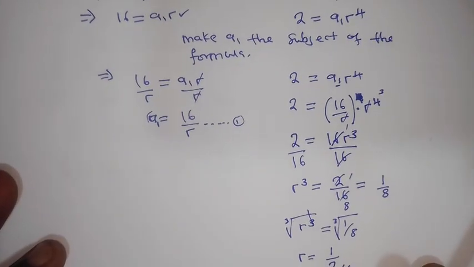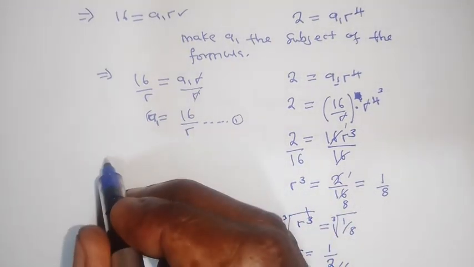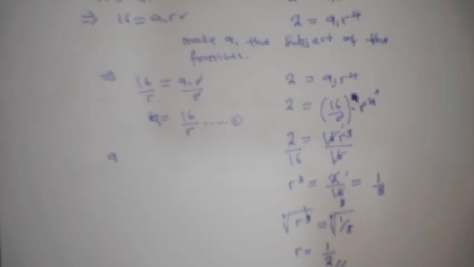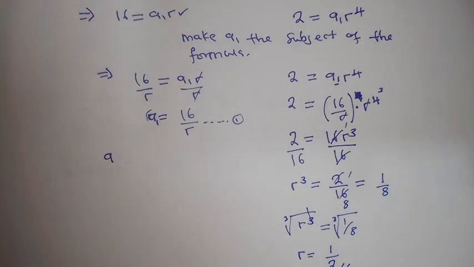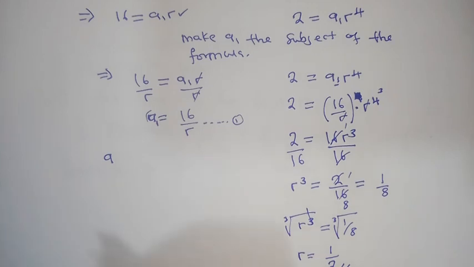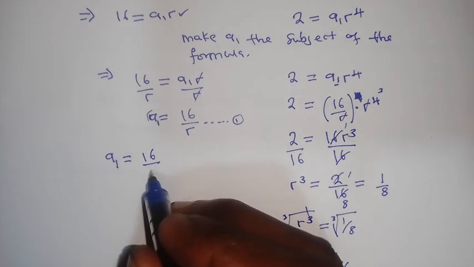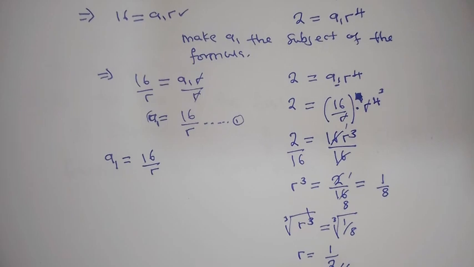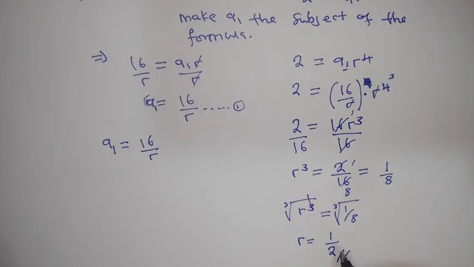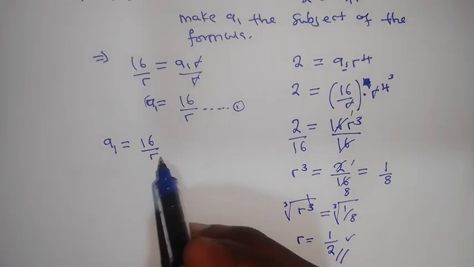So the way you can find the first term is by using this same formula there. So our a1 is going to be 16 divided by r. We know that our r is half. Then we are going to replace this half here.